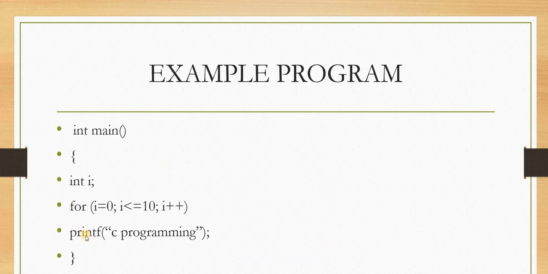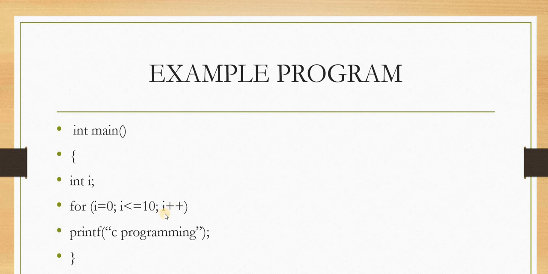This is a simple example. As I told earlier, three parts are in the same line. That is initialization, condition checking, and increment. What does increment mean? After finishing the work, there should be some mechanism to maintain the number of times the work has been done.